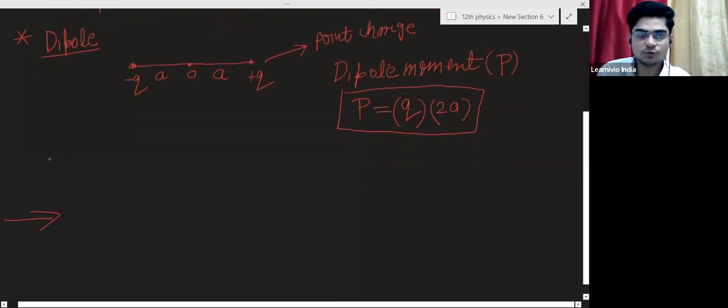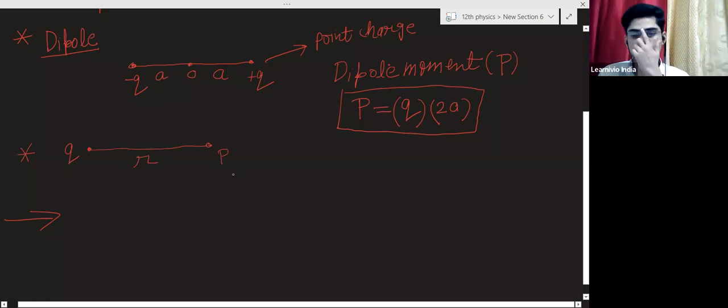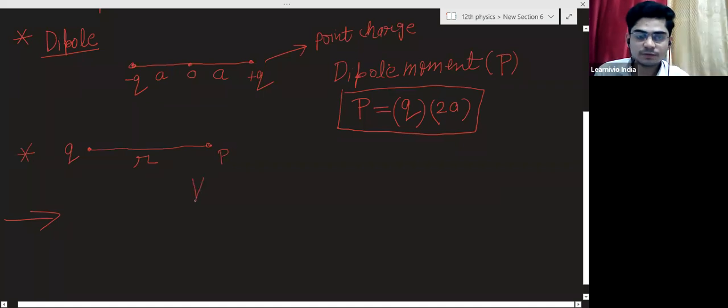One thing more I want to tell you. Suppose I have a charge Q placed here, and I want to calculate the potential at point P, which is at a distance of R. Can you tell me the potential at point P due to this positive charge?